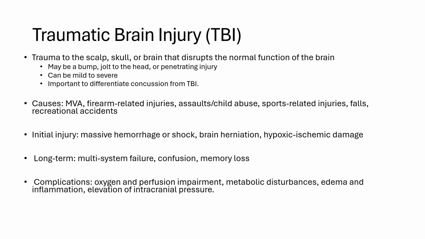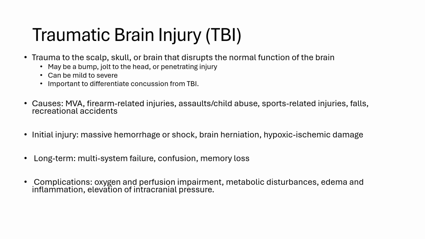Causes of traumatic brain injury most commonly are motor vehicle accidents, firearm-related injuries, assaults or child abuse, sports-related injuries, falls, and recreational accidents. The initial injury could cause a massive hemorrhage or shock, brain herniation, or hypoxic ischemic damage.